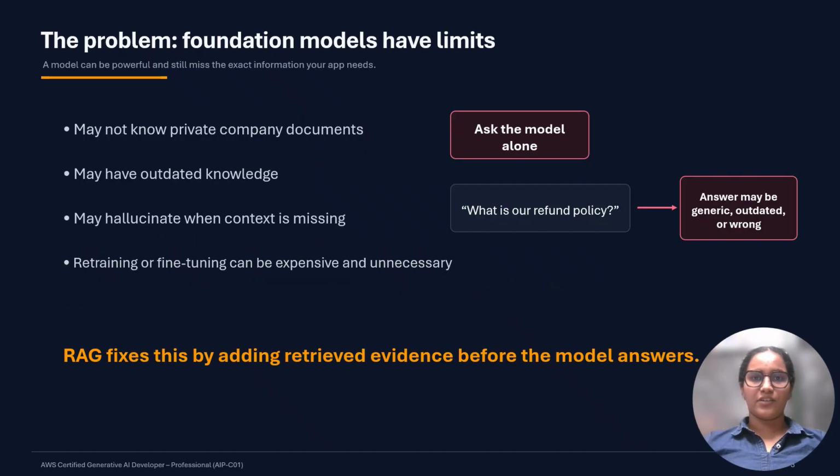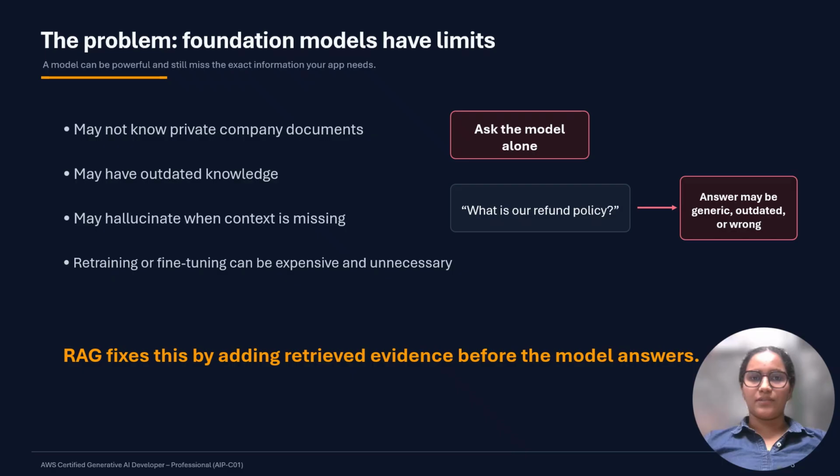Before explaining RAG, first explain the problem. A foundation model is trained on a large amount of data, but it does not automatically know a company's private documents. It may also not know information that changed after training.